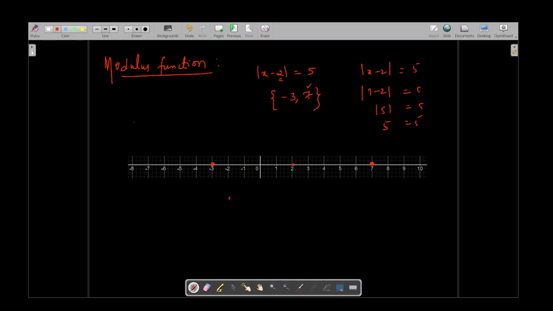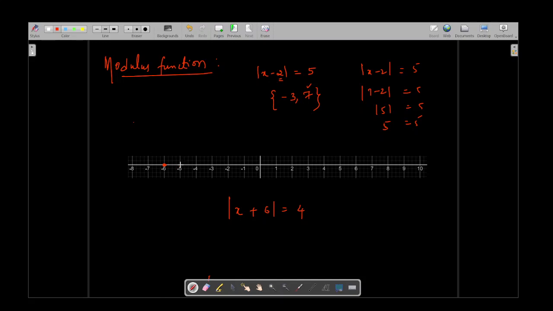So if I write modulus of x plus 6 is equal to 4, then what are the points? I am standing at minus 6. What are the points which are 4 units away from minus 6?